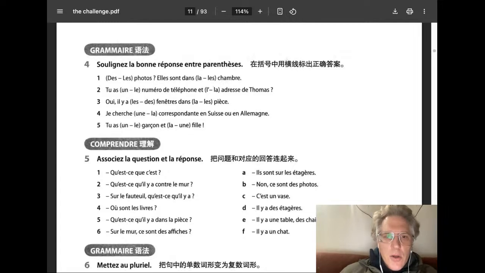I was like, this one's easy because it's la chambre. It's because there's no s. But this one, des photos or les photos. So des photos means some photos, or les photos means the photos.